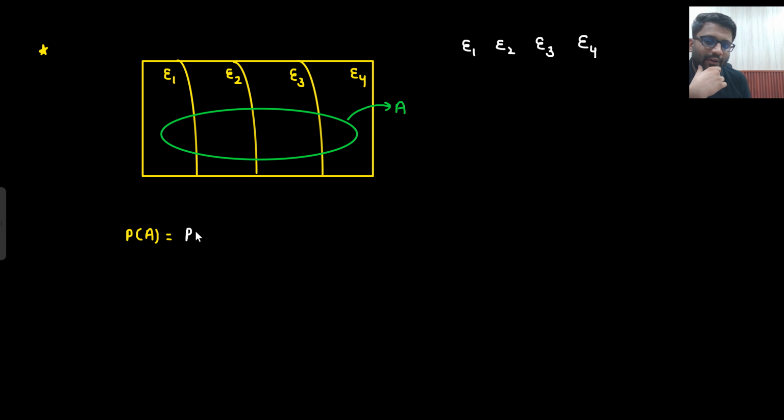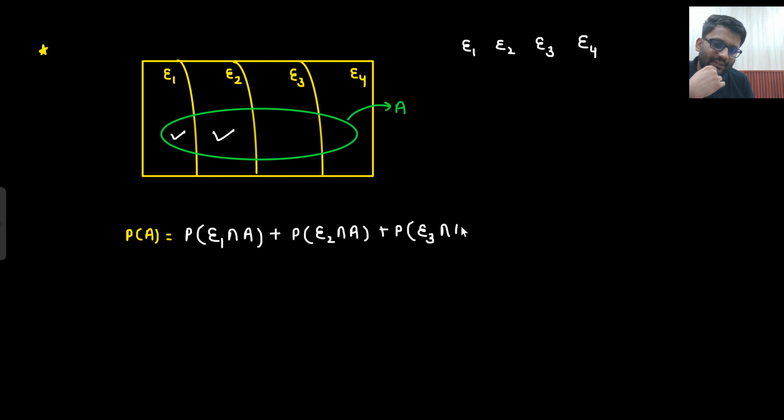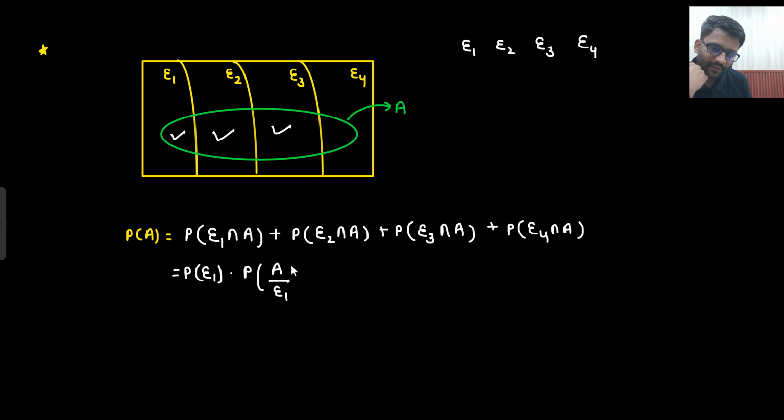Yes sir. The probability of event A would be equal to probability of E1 intersection A, basically this area I have taken into consideration, plus probability of E2 intersection A, plus probability of E3 intersection A, plus probability of E4 intersection A. So this could be equal to probability of E1 dot A by E1.